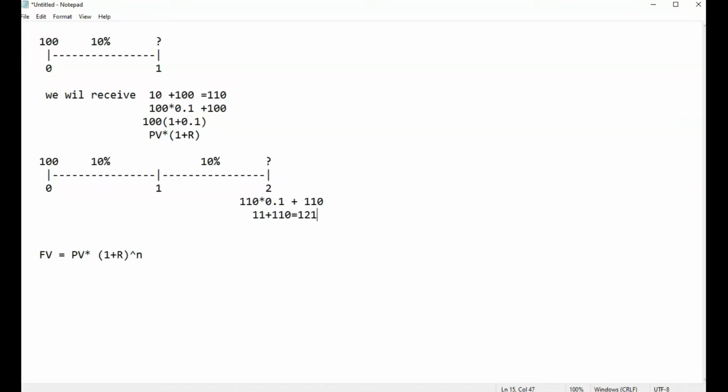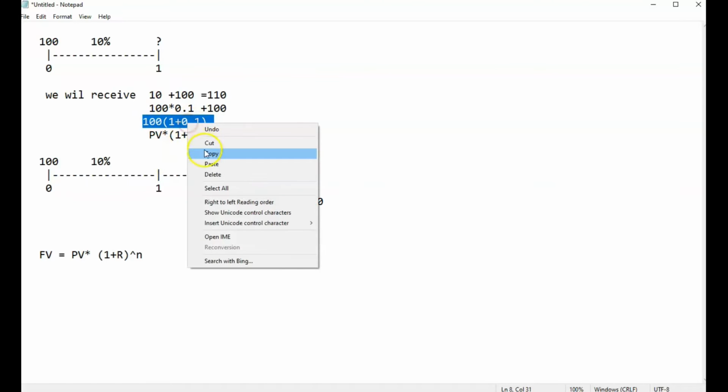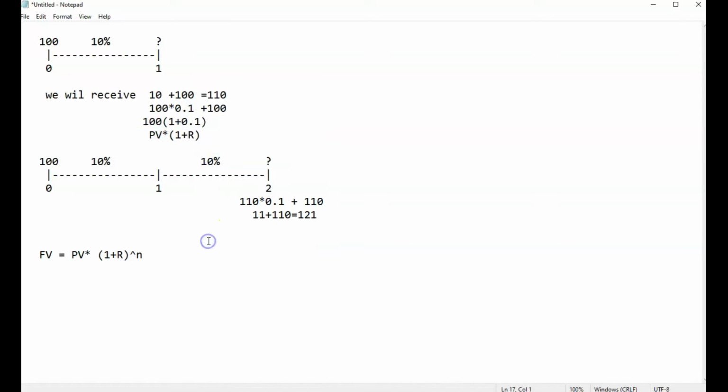So actually, we just plug in this one: 110 times 0.1 plus 110 equals 110 times (1 plus 0.1).